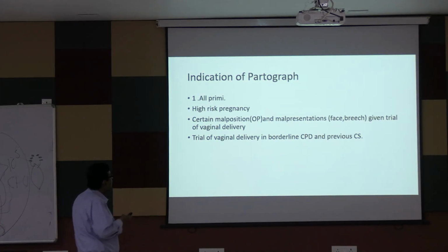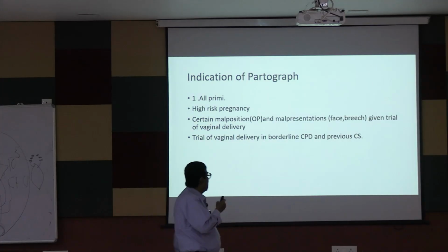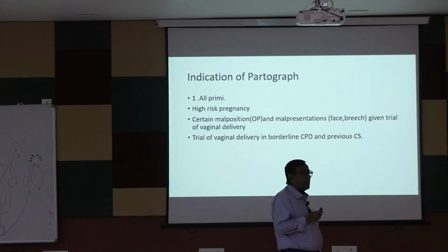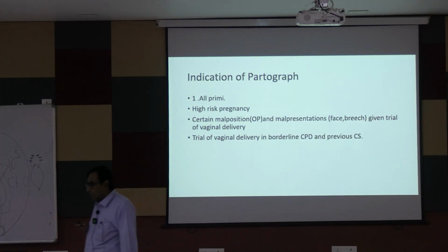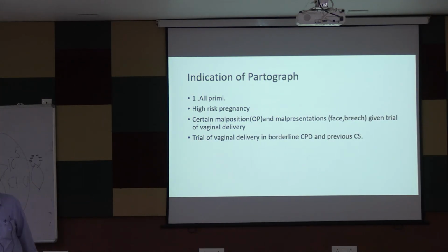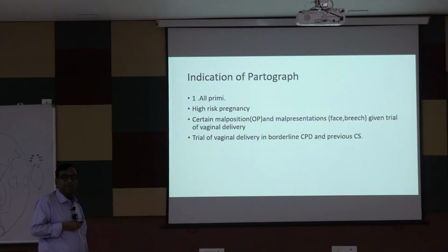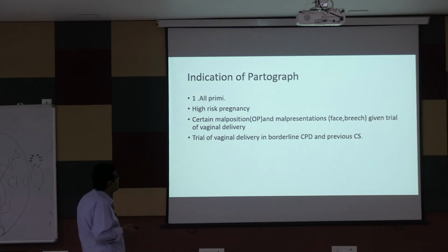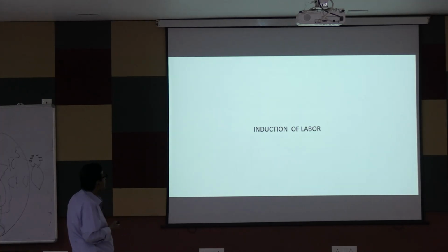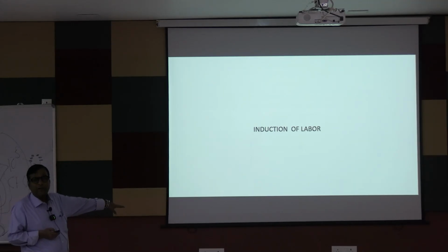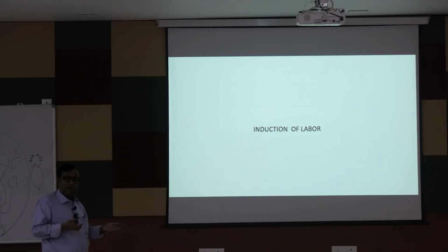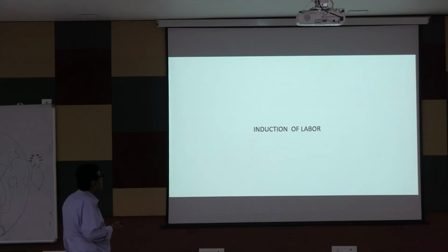And finally, in borderline cephalopelvic disproportion and vaginal delivery after cesarean section, that is called VBAC, vaginal birth after cesarean section. So these are the indications of partography. That is all about partography. It will be taught further in your SGD classes.